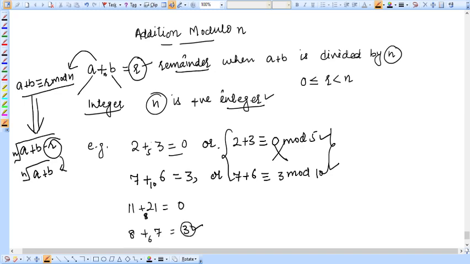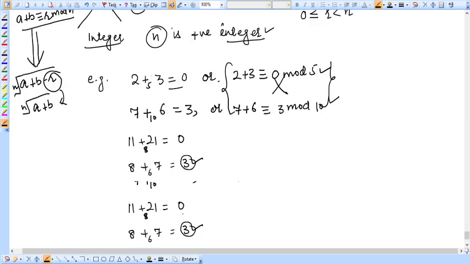Okay, so 3 is the remainder here. So this is another type of addition which is known as addition modulo n. Okay, it is only valid for integers, not for rational numbers. Okay, and here n is always a positive number.